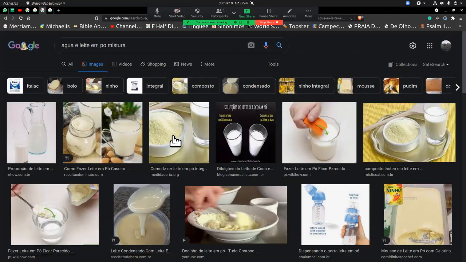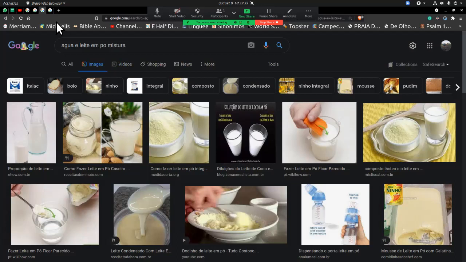Not too gross: water and powdered milk. So you can see it's kind of cloudy, and it's opaque. That's the Tyndall effect. The light can go past the suspensions because of the size of the particles.